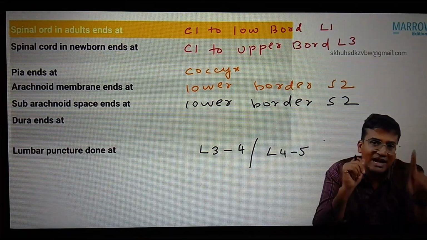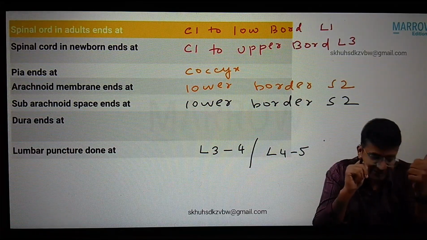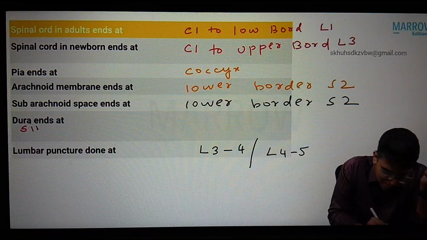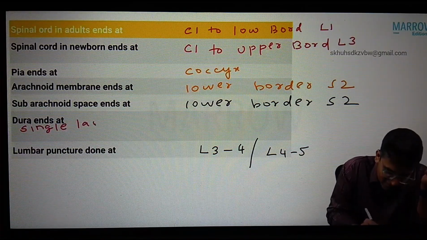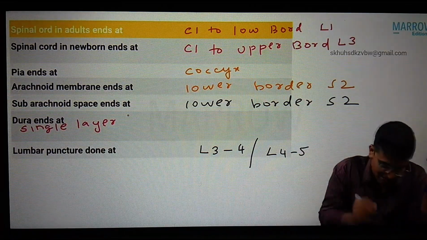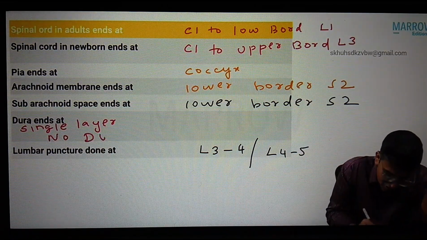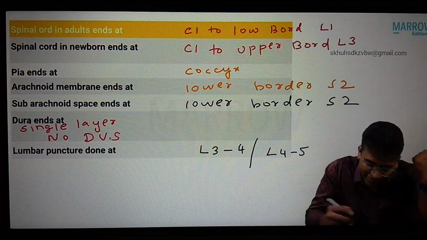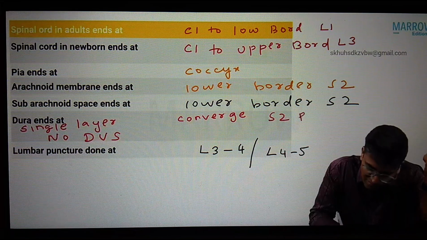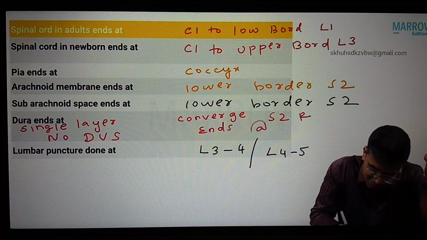I told you the cranial dura is two-layered, whereas spinal dura is single layer. Single layer means we don't have dural venous sinus. No dural venous sinus.